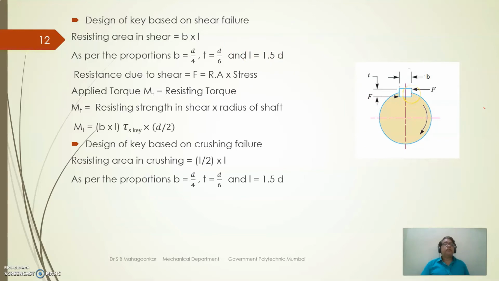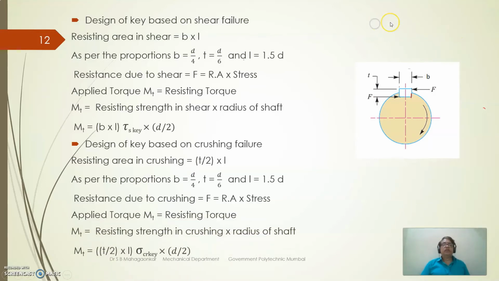See here, from this point to this point, if the applied force is in this direction, this is in contact. So that thickness is T by 2, right? The thickness is T by 2 and L is the length.